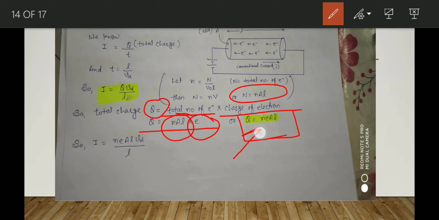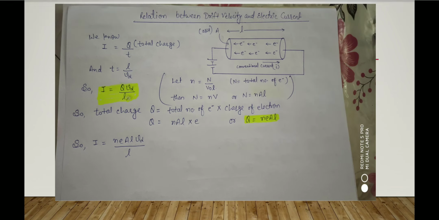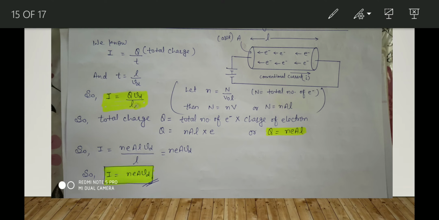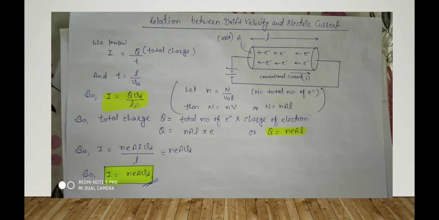Now put this q value in I, then I will be neAL Vd by L, and further, by cancelling out L, we can find the value of I as neAVd, and this is the expression for electric current in terms of drift velocity. So this is the relation of drift velocity and the current.